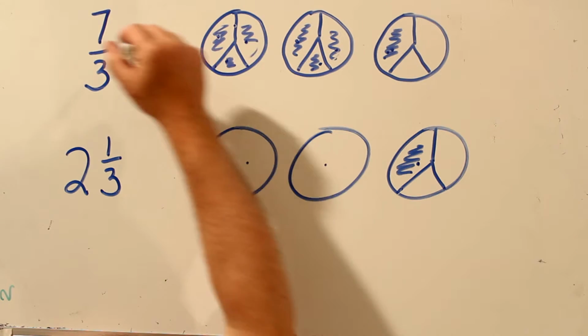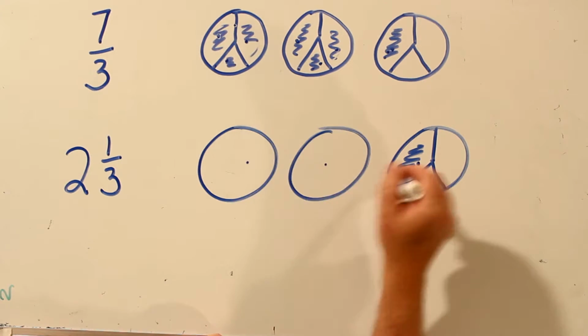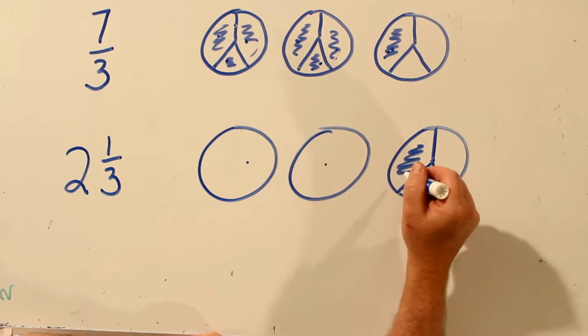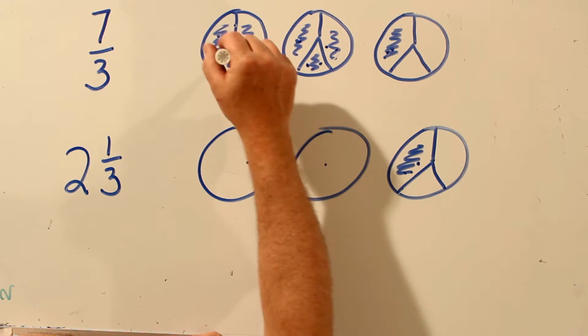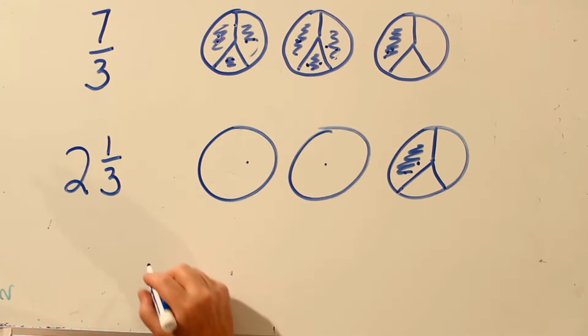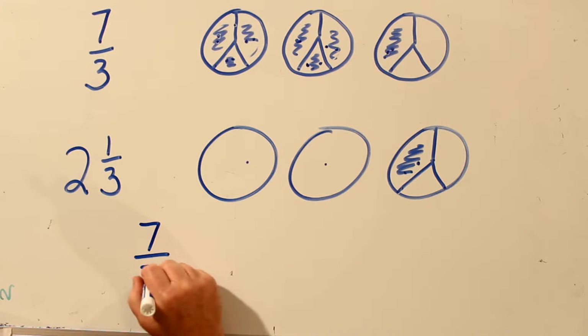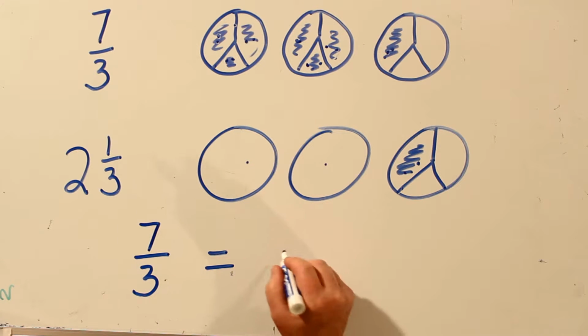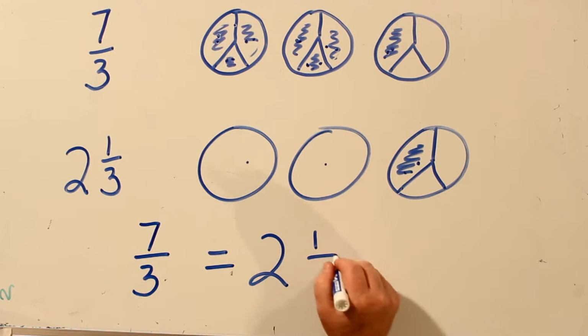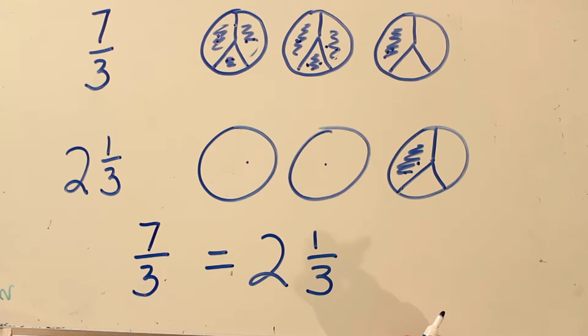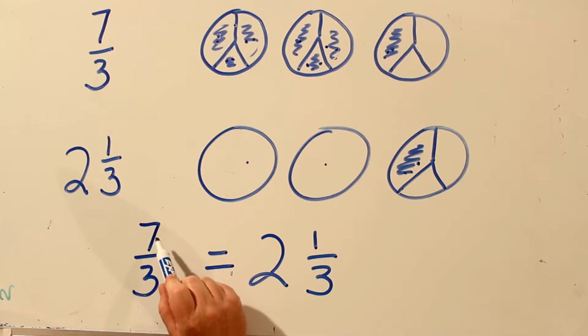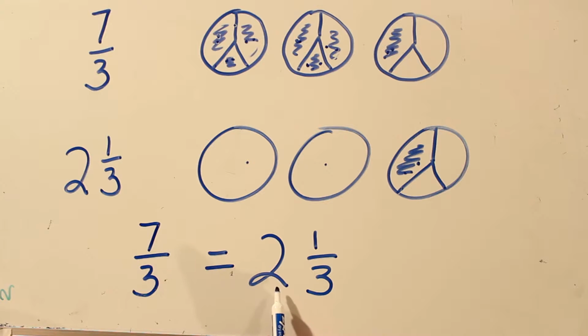So whether we call it 7/3 or whether we call it 2 and 1/3, we have the same amount of things. So somehow 7/3 is the same as 2 and 1/3. And what we want to see today is how to go from 7/3 to a mixed number 2 and 1/3.